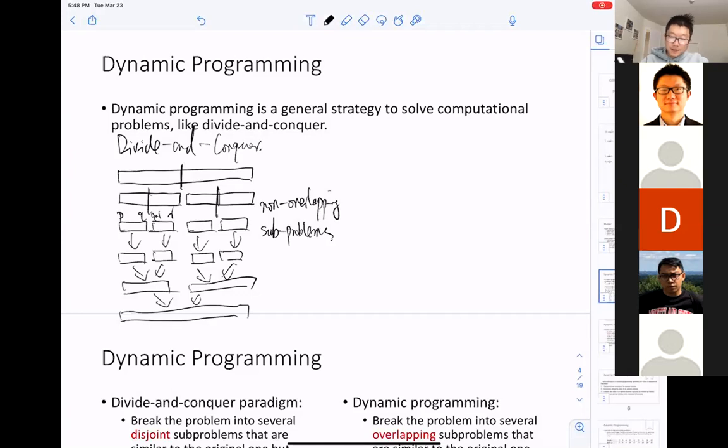Whereas in dynamic programming, the story is totally different. Given a very large input, we use the same logic.